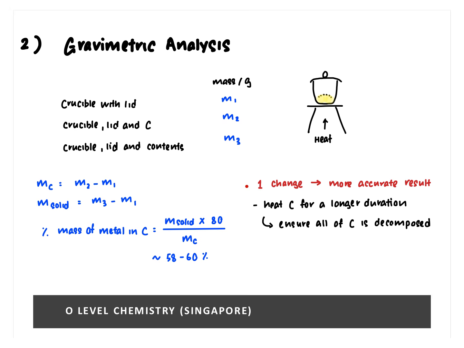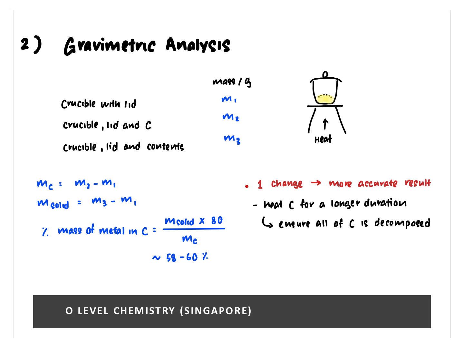Okay, the calculations again are pretty straightforward. There is no trickery in there. So all you need to do is to find the mass of C, find the mass of solid after heating, and then substitute the two values correctly into the formula given, and you should get a percentage of about 58 to 60%.